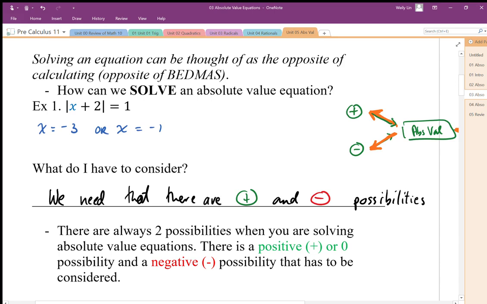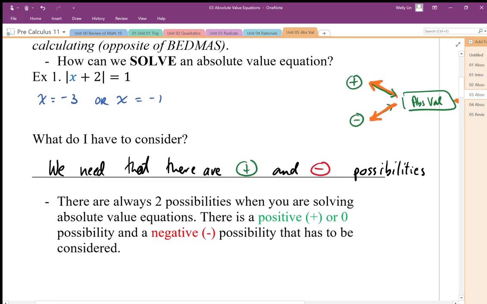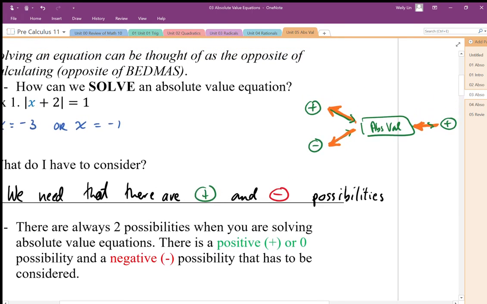I'm going to put the 0 with the positive, although we could just as easily put the 0 with the negative. There's a positive or 0 possibility and a negative possibility that we have to consider when I undo or solve absolute value.